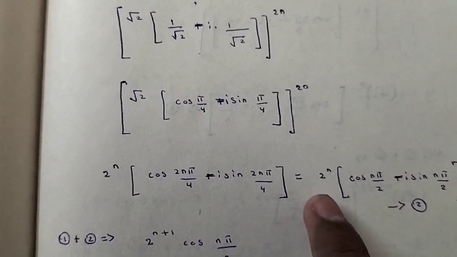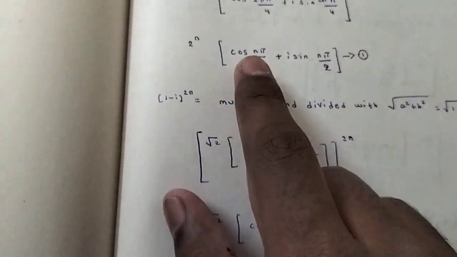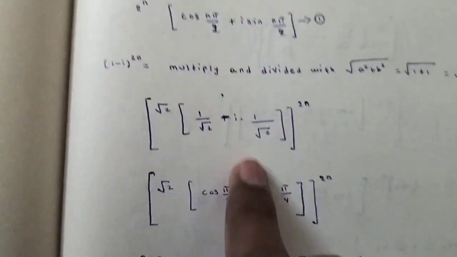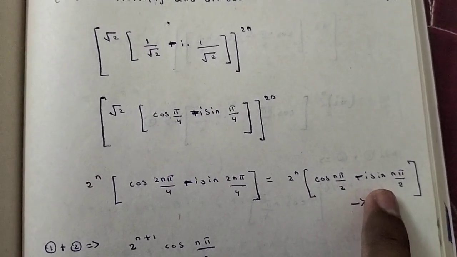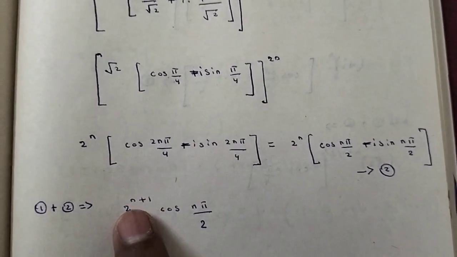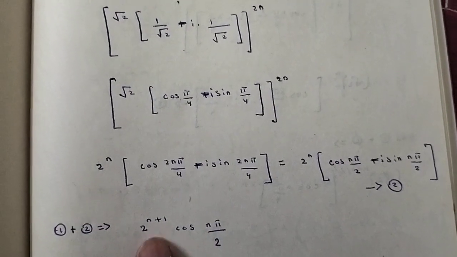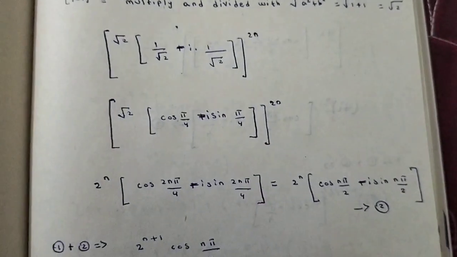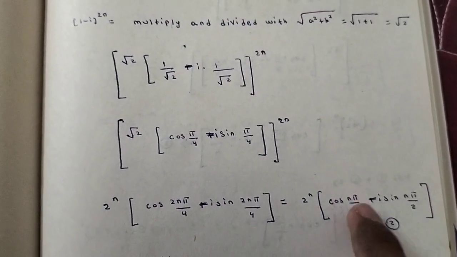Taking 2 to the power of n common: 2^n [cos nπ/2 + i sin nπ/2] + 2^n [cos nπ/2 − i sin nπ/2]. So you can write this as 2^n, and I took cos nπ/2 common, and the + i sin nπ/2 and − i sin nπ/2 both get cancelled.